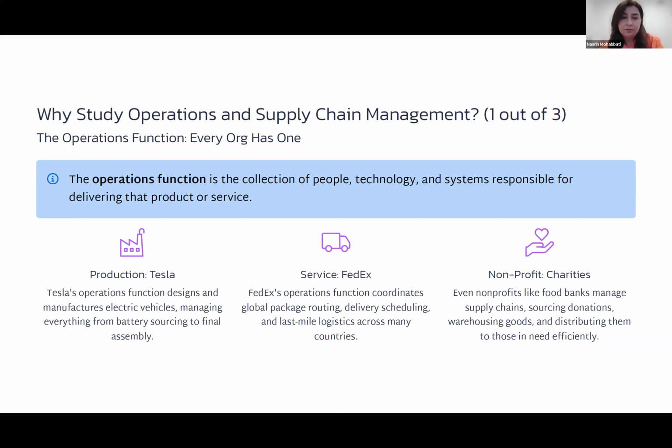So look at this definition. What are some keywords in there? Maybe pause here and think about it. We have some keywords in this definition, such as people, technology, and systems. When we talk about operations, we involve people who work on those operations. We have technologies. Let's consider manufacturing operations.